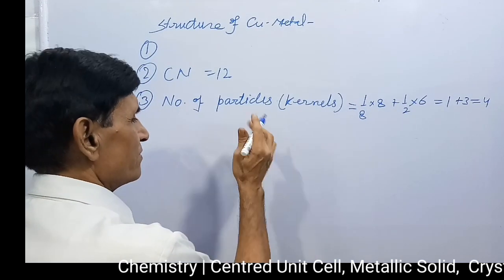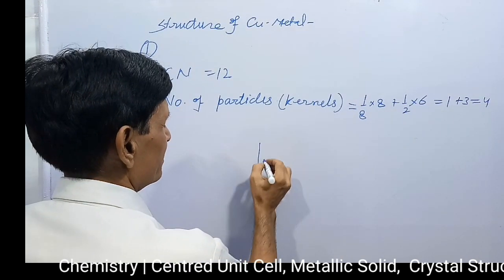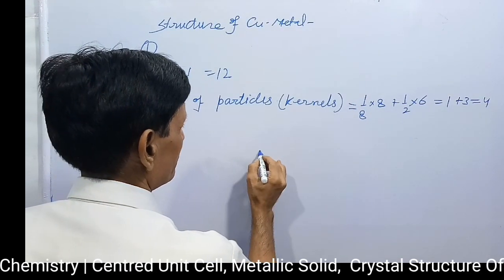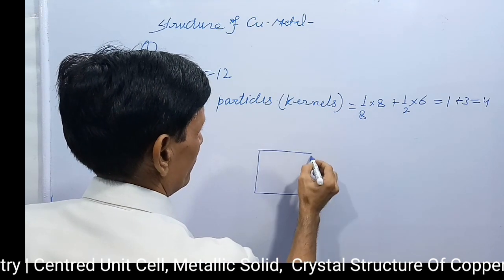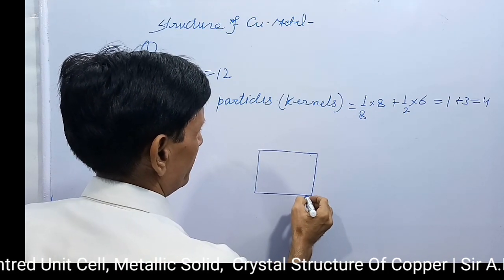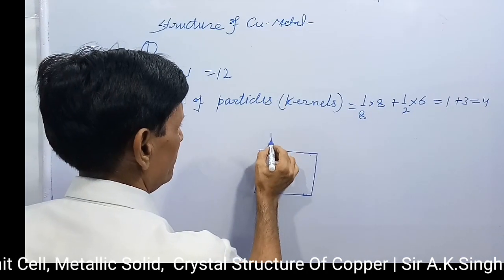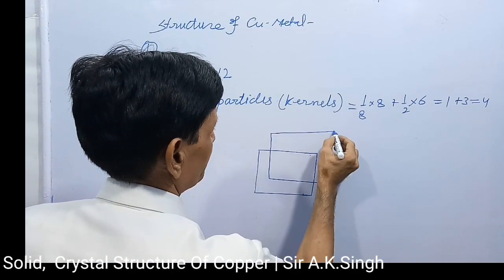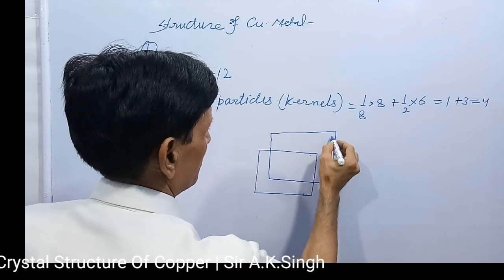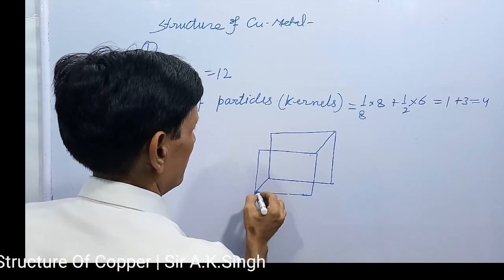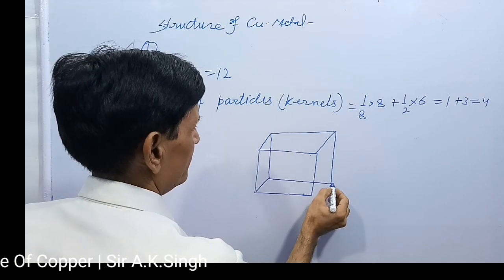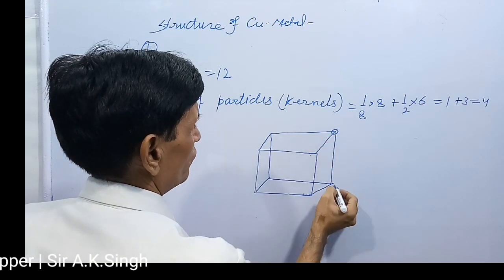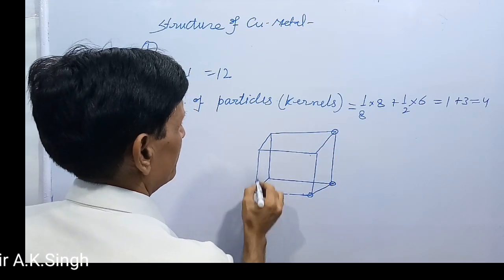Let us see, it's just diagrammatic. Suppose this is one copper metal piece. I am showing one structure here like that. Here copper metal particles occupy the corner positions, 1, 2, 3 like that.